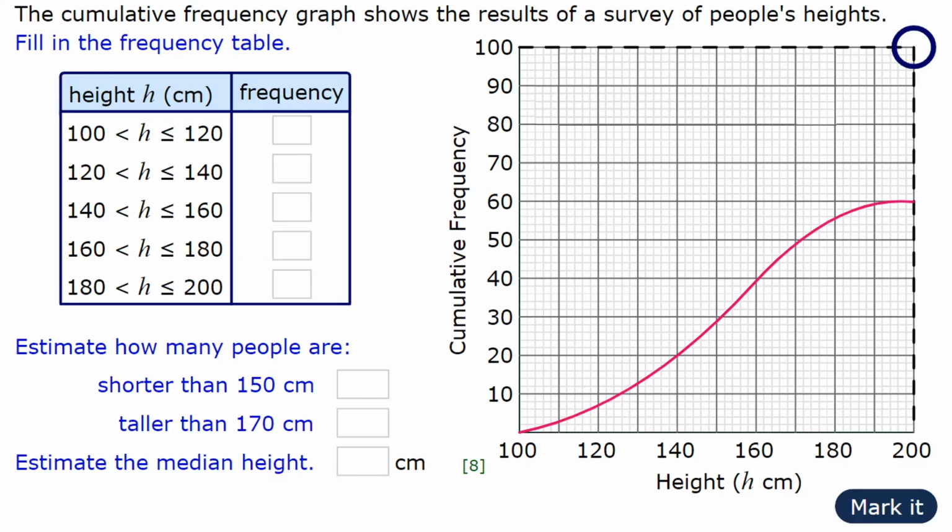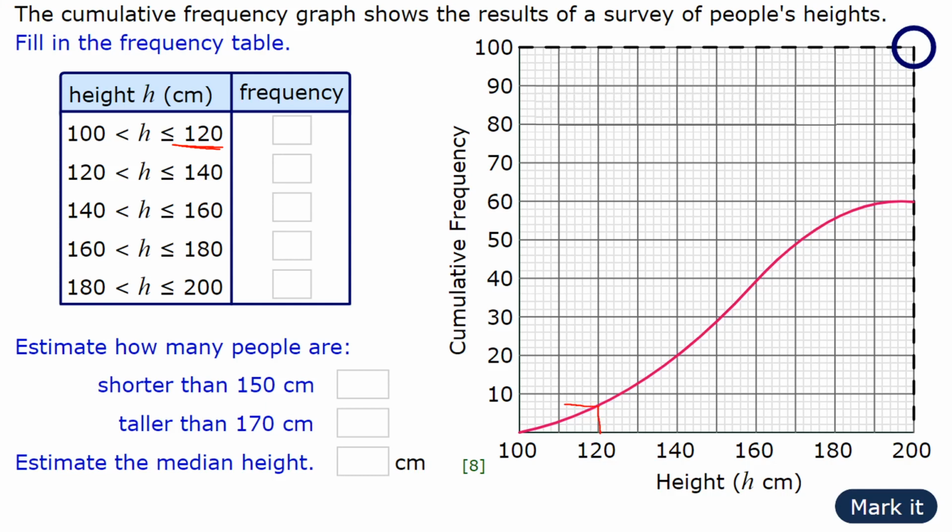Now let's go over this example. For this example, we're using a cumulative frequency graph that's already been drawn. First thing we need to note is we need to derive each of the frequencies between these ranges. So, from the last example, we know that we finished at 120. So let's go to the 120. It's about here.